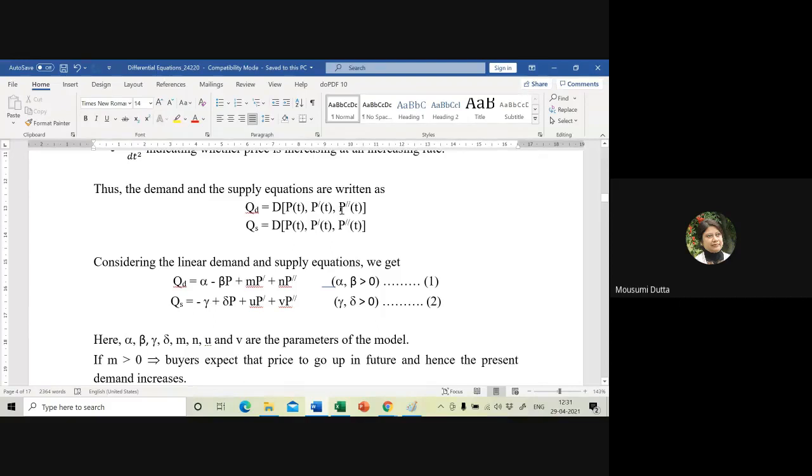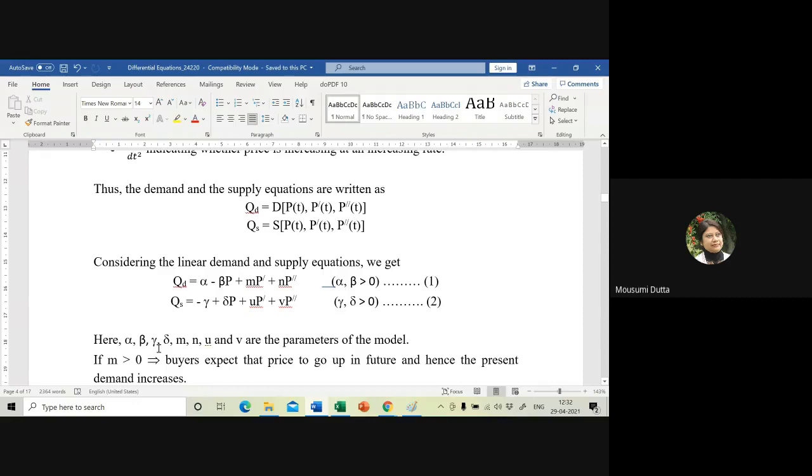If it is decreasing, what is the rate? Similarly, in the supply function too, I am bringing P prime (t) and P double prime (t) along with P(t). Got it? Yes, ma'am. Yes. Okay.